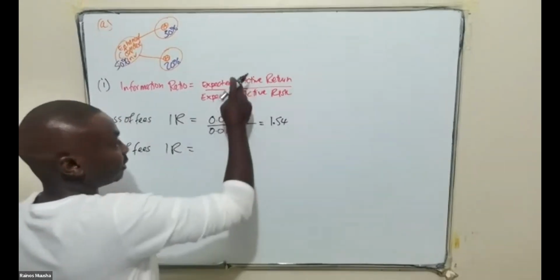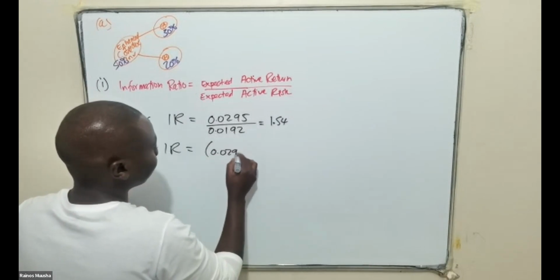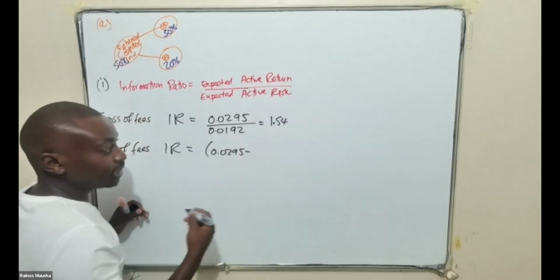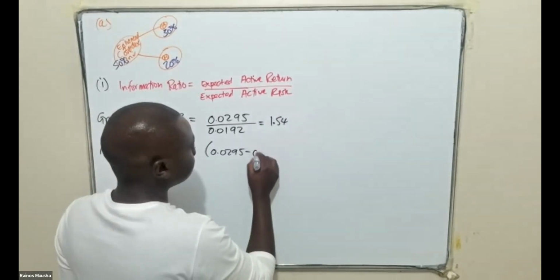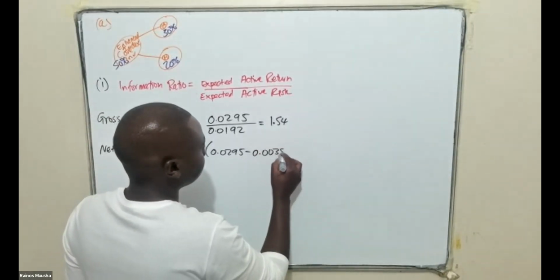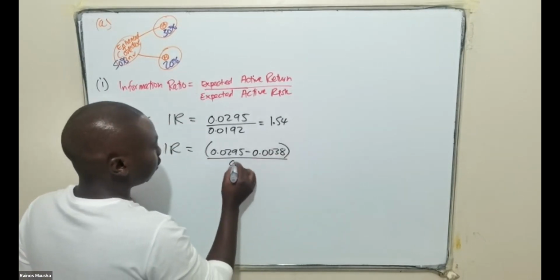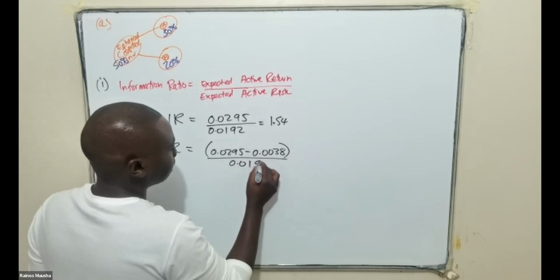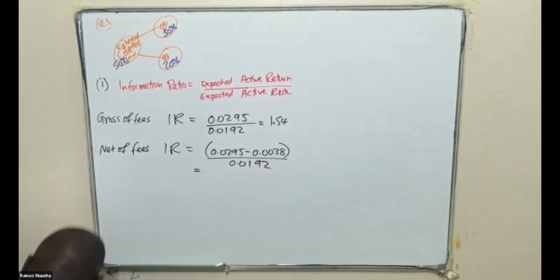So from the expected active return of 0.0295, we're going to be subtracting the fees, which is 0.38%. As a decimal, it's 0.0038, and divided by your expected active risk of 0.0192.